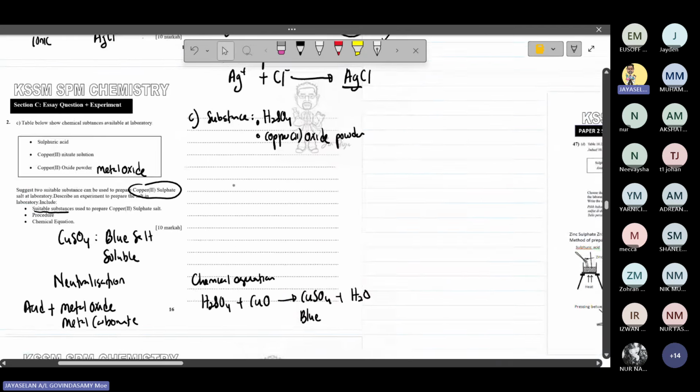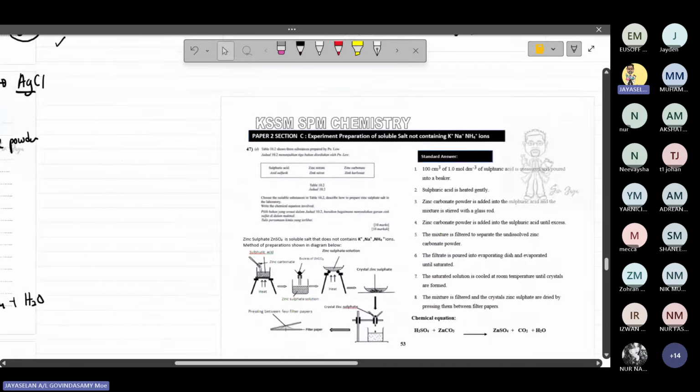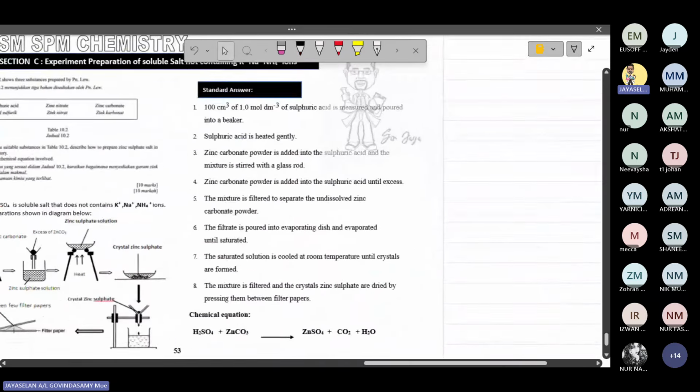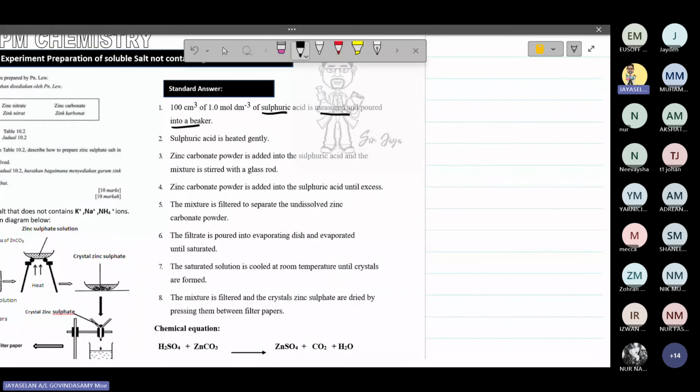Okay, any question? Procedure: how do you memorize the procedure? Go here, the same thing. 100 cm³ or 50 cm³ of 1.0 or 0.5 mol dm⁻³ sulfuric acid is measured and poured into the beaker. You must heat it gently. Here it was zinc carbonate, right?